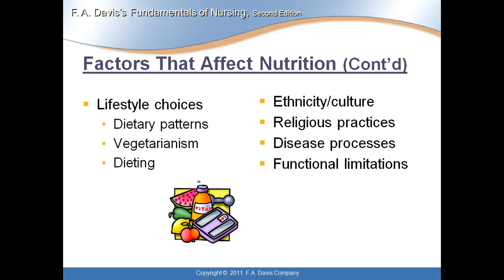Other factors are ethnicity and cultures, religious practices, disease processes. If you have a patient who has ulcers or skin breakdown or immune system problems, they have to be able to consume more proteins and more healthy foods in order to heal and boost their immune system and get better. And there's also functional limitations.